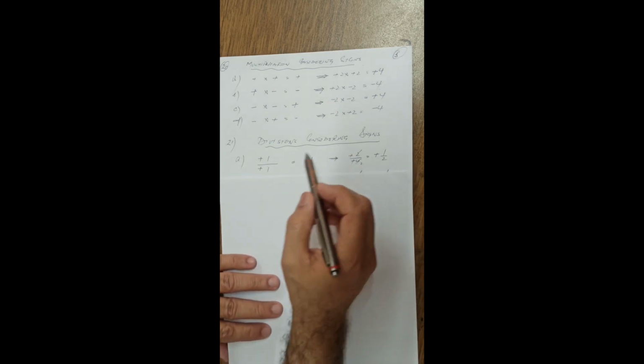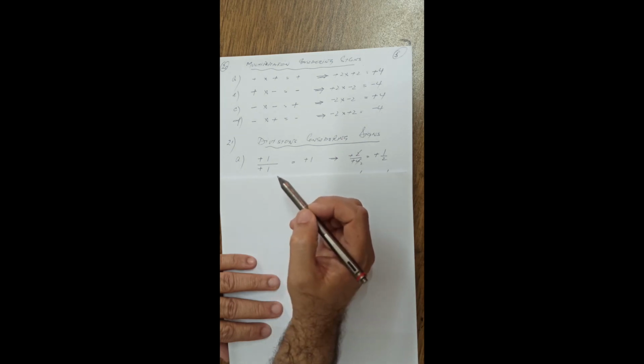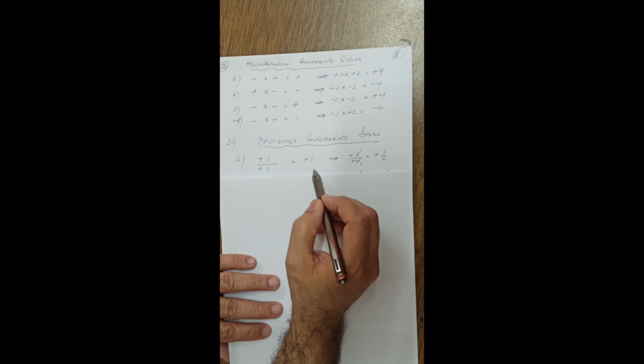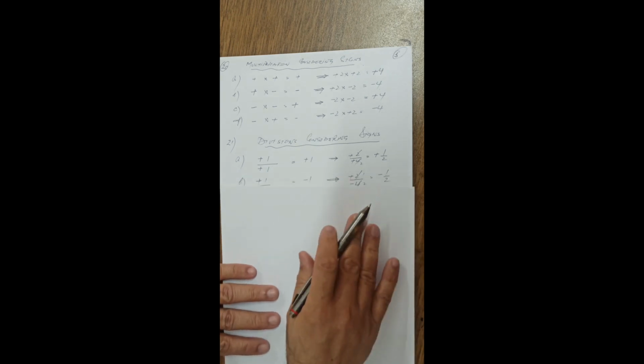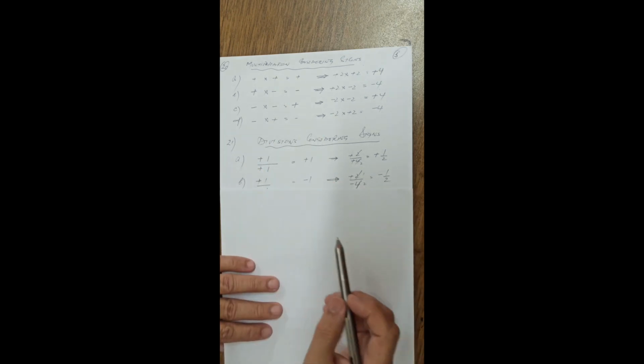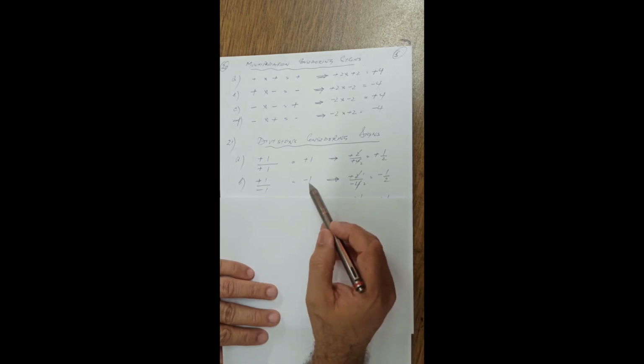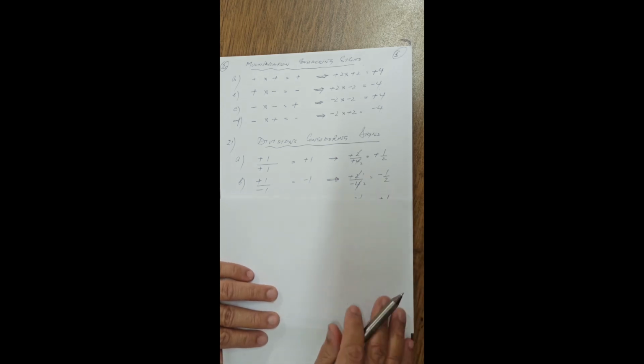Now in the same way you have to consider signs in division, like you have some fraction with numerator positive and denominator positive, the answer will be positive, the same as above. With the numerator positive and denominator negative, or numerator negative and denominator positive, the answer will always be negative, like you have over here.